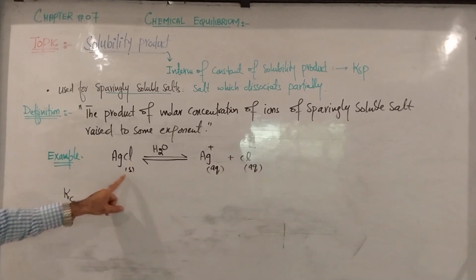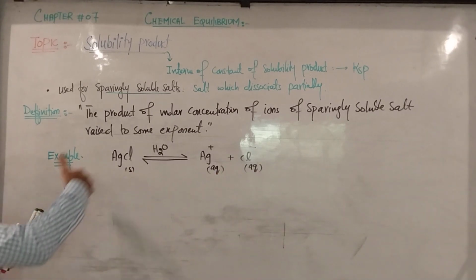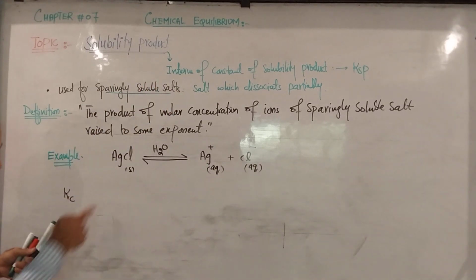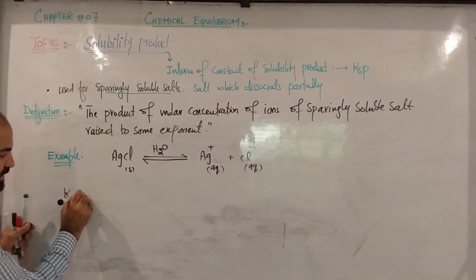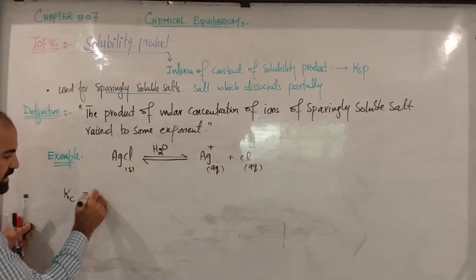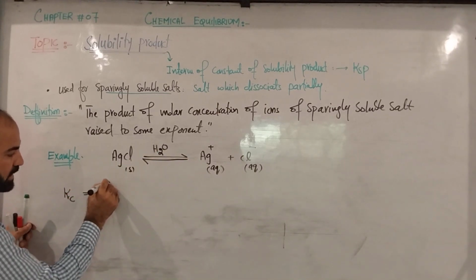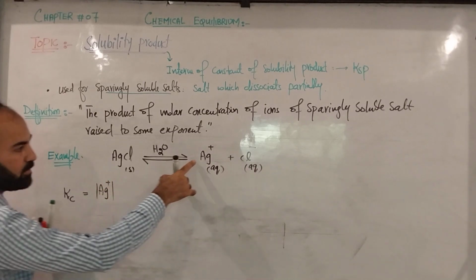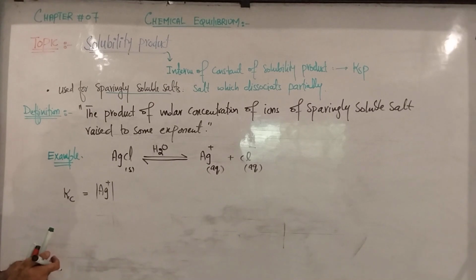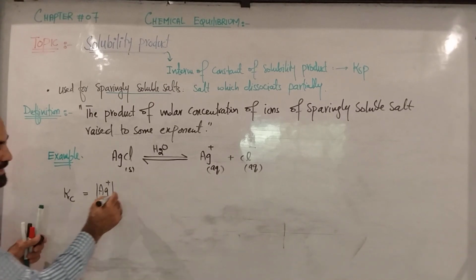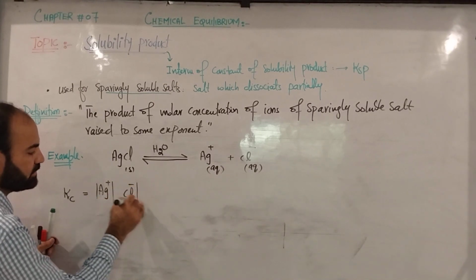So we check the solubility of a sparingly soluble salt. The Kc of the equation becomes the concentration of silver ion, as its number of moles is 1 so there is no need to write 1 as an exponent, and the concentration of chloride ion.